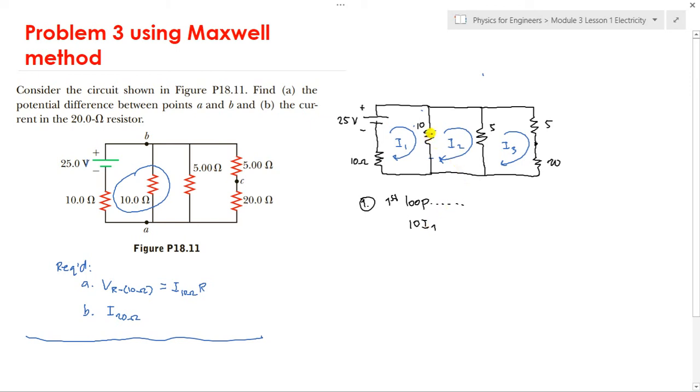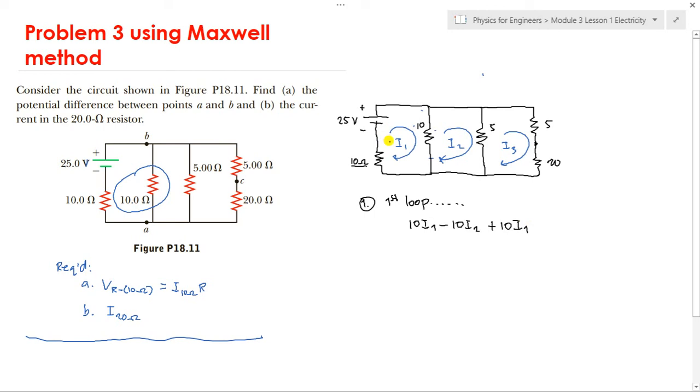However, I2 also interacts with this 10 ohm resistor, and since its direction is opposite to I1, we take that as negative, so negative 10 I2. Then for this remaining 10 ohm resistor, there is no interaction, only I1 passes through, so it is still positive 10 I1.